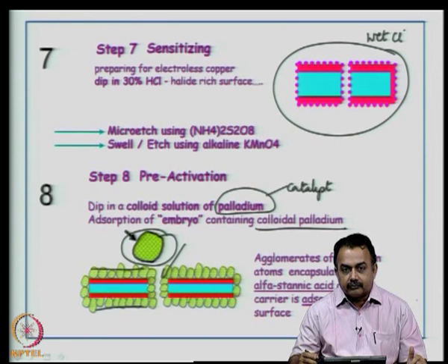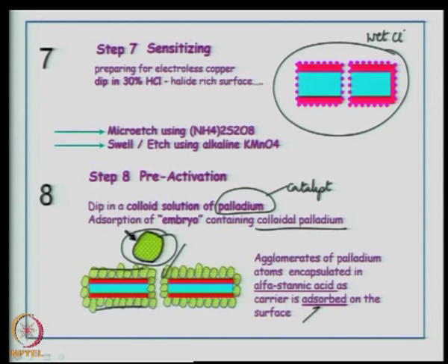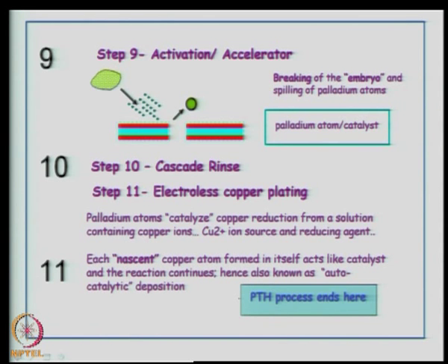Can I see this picture here? So, this is a key process in the entire plated through-hole sequence. It is not absorbed, it is adsorbed. Now, this catalyst will provide a good base for electroless plating.